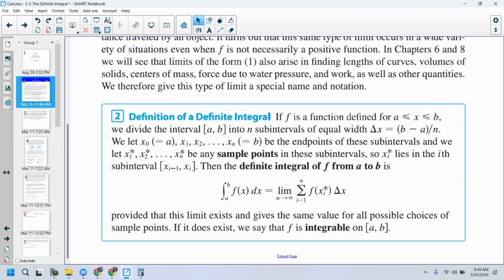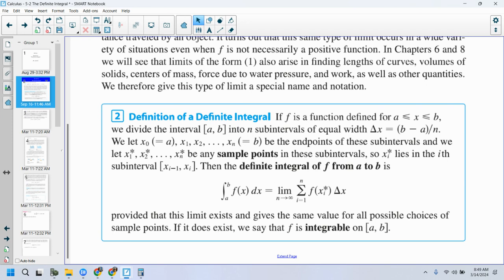Then we let x0 equal a, and then x1, x2, x3, x4, x i, up to x n, where x n is b, be the endpoints of those subintervals. And there are any sample points in those subintervals, so x i lies in the i-th subinterval.